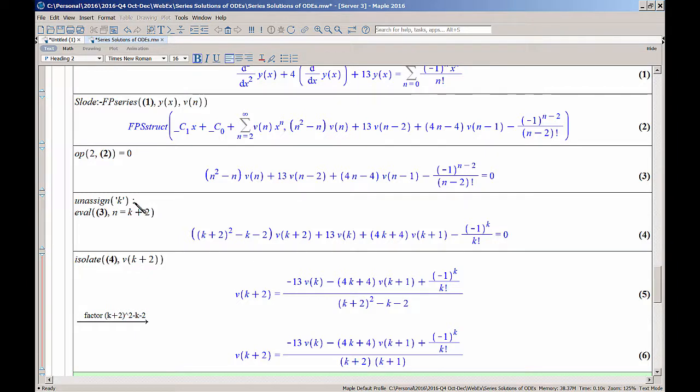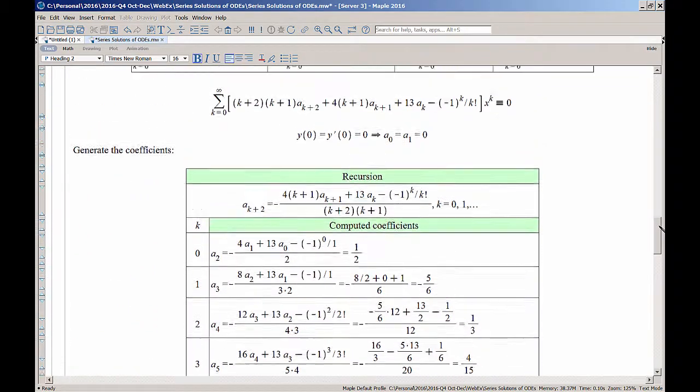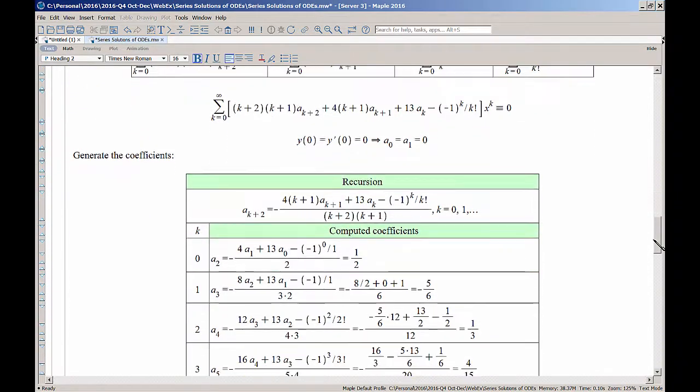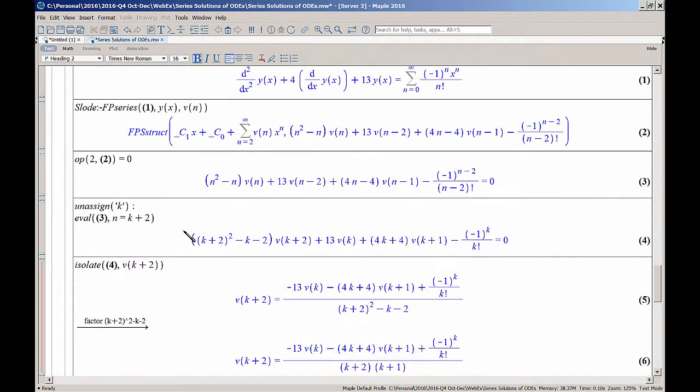Well, I want to use k as my counting index, but it comes out of this loop. We ran this loop up here. Way back here we ran a loop, and the index in the loop was k. So k comes out of the loop with a value. You can't use it anymore unless you unassign k.